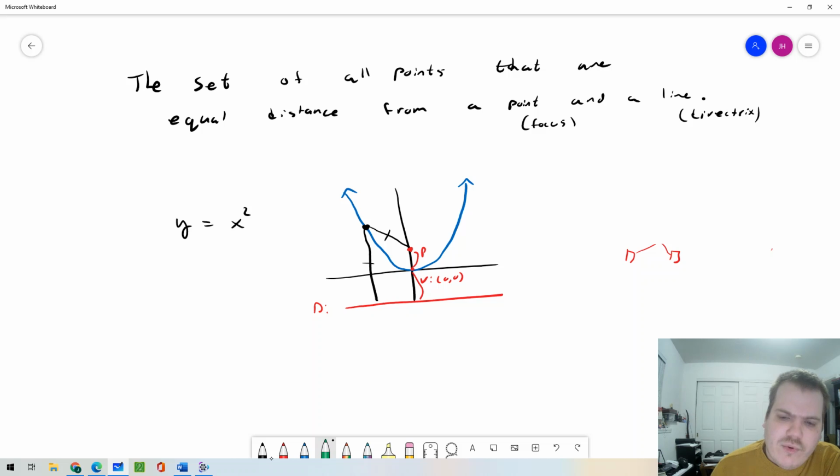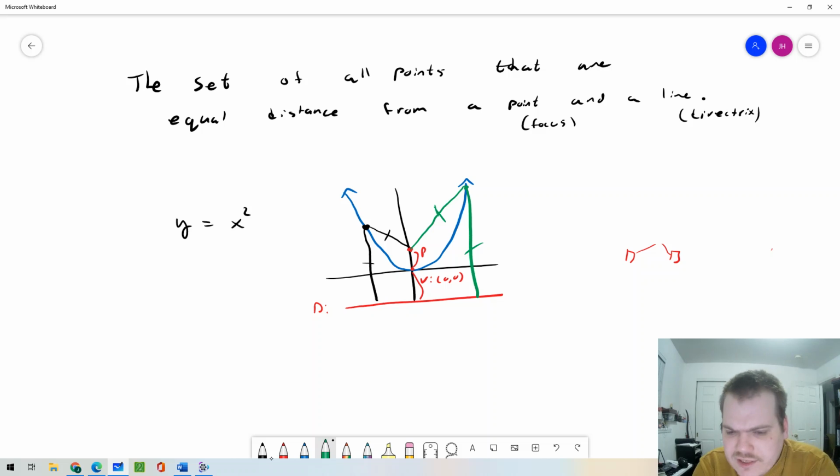If I pick another point, this one right here, now the distance from the focus to this point is definitely going to be longer than the black one, but the thing was, it was the equal distance from the point that I pick on the parabola. On the blue curve, any point that I pick is going to be equal distance to the focus as it is to the directrix. So this line is going to be the same distance as this line.